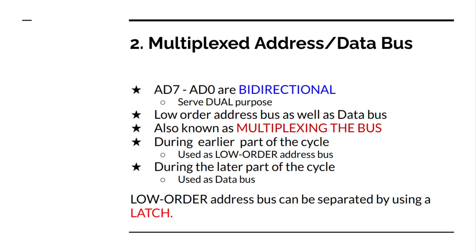During the earlier part of the cycle, it is used as the lower order address bus, that is A0 to A7, and during the later part of the cycle, it is used as a data bus. The lower address bus can be separated by using a latch.